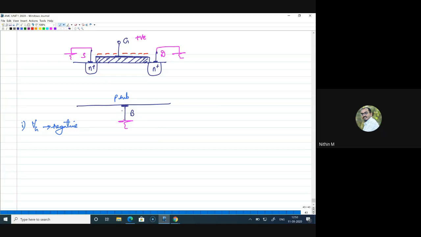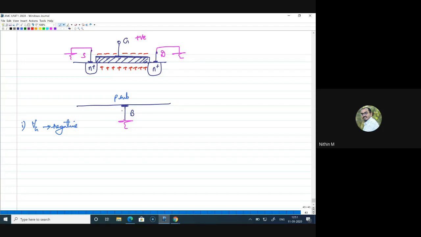So what will happen under this condition? If you're applying a negative voltage on the gate, the negative charges will induce positive charges here. Positive charges are nothing but the holes, and these holes are freely available in this P substrate.